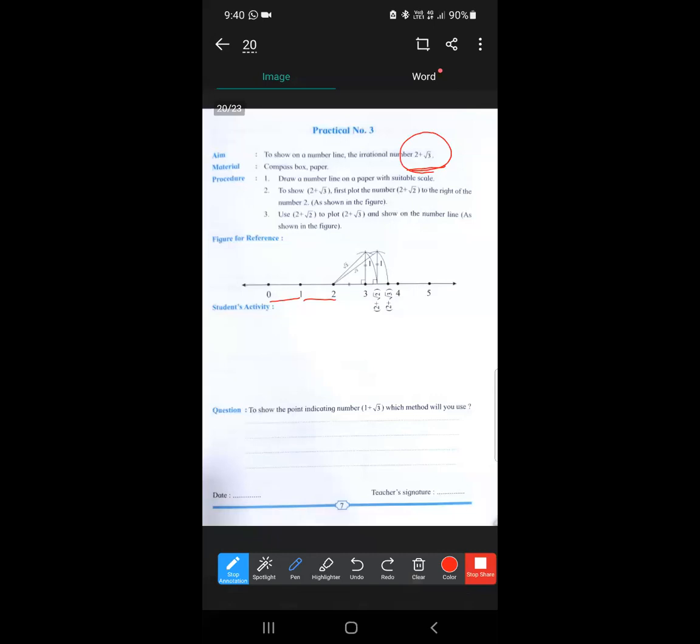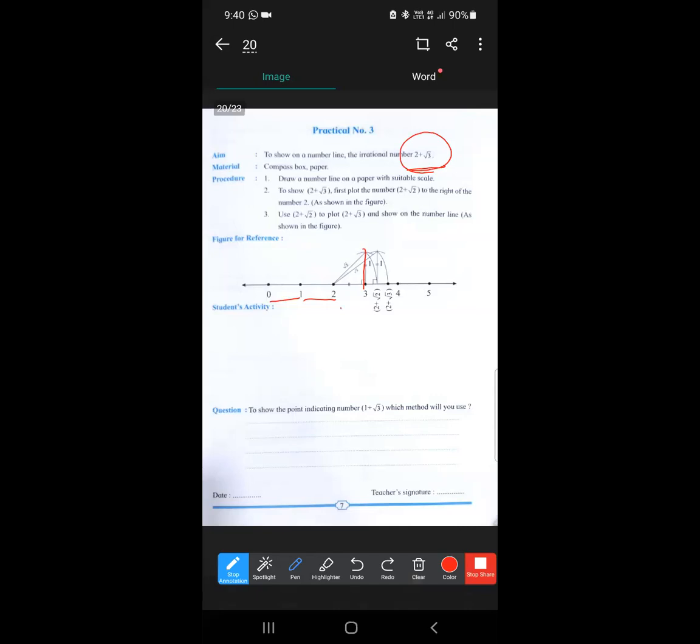Now, just now I told you how to get root 2. So here, 2 plus root 3: after 2, again I will repeat, after 2, because it is 2 plus root 3. On the point 3, you can see a 90 degree angle they have drawn with the help of a protractor.